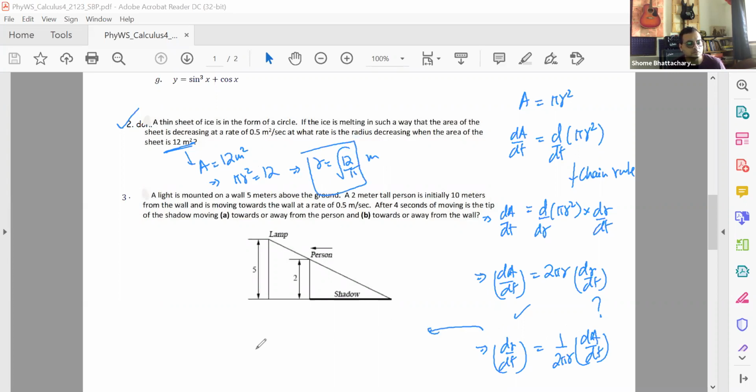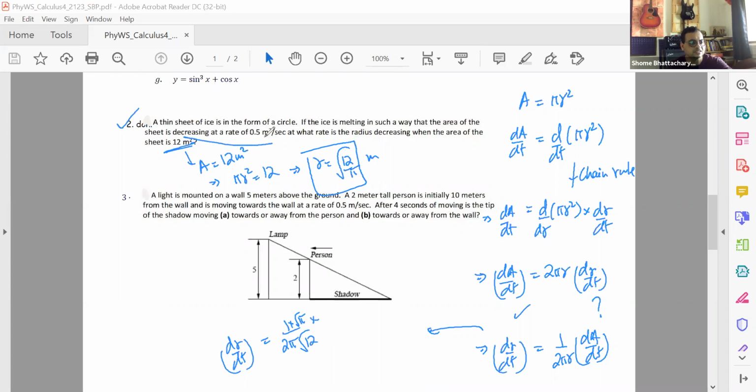So dr by dt will become 1 upon 2 pi r. Now r is square root of 12, and square root of pi goes in the numerator, into dA by dt.